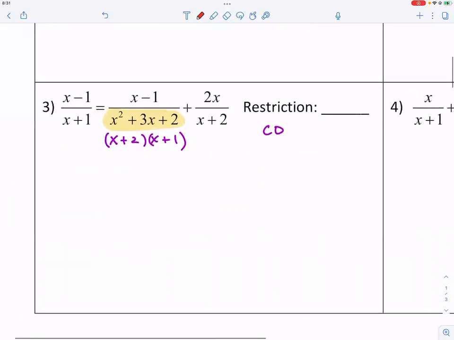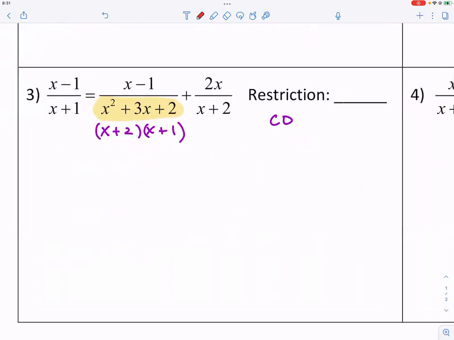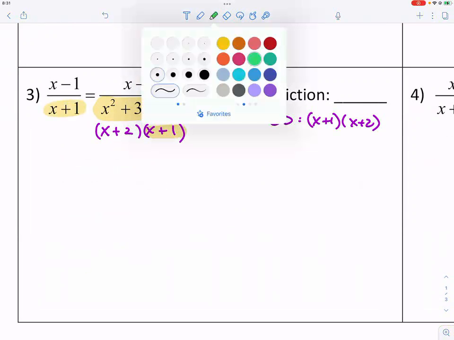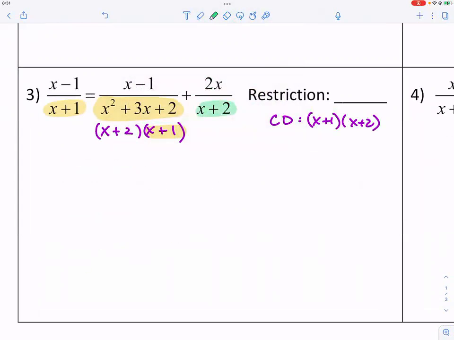And for number 3, the common denominator would be, you have x plus 1, and you also have x plus 2. So you can see the x plus 1 right here, and you can also see the x plus 2 right here. So the common denominator would be x plus 1 times x plus 2. And your restrictions in this case would be x cannot equal negative 1, and x cannot equal negative 2.